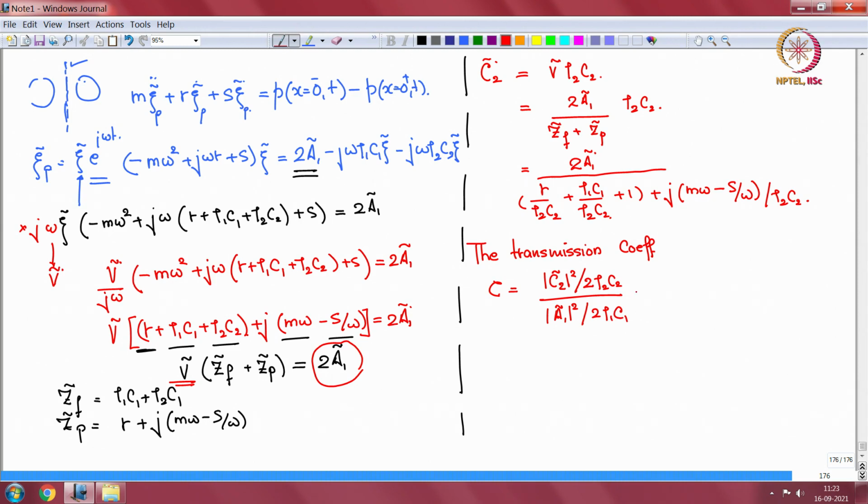Now, after putting all the expressions, this can be written as 4 times n divided by omega m minus s over omega by rho 2 c2, plus omega 0 m eta by rho 2 c2, plus n plus 1, whole square. There is a whole square here also.